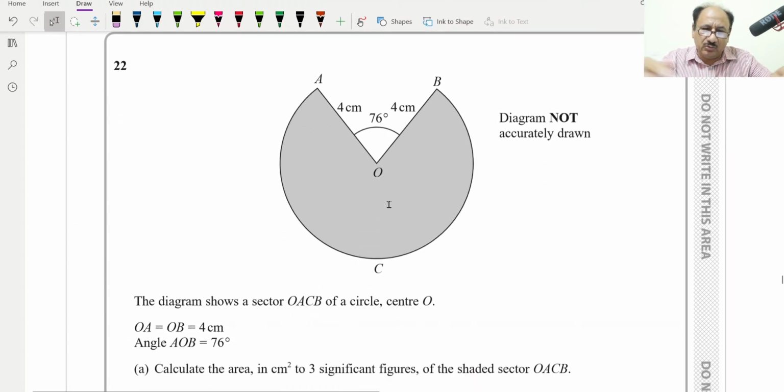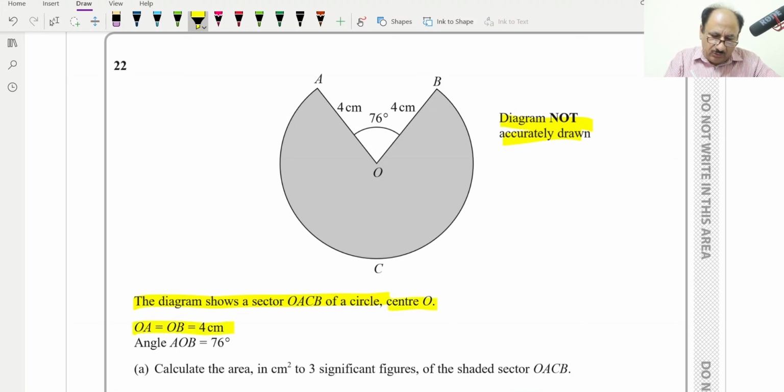Question 22 is also a drawing which is not accurately drawn, and the diagram shows a sector OACB of the circle, center O. OA and OB are equal to 4 centimeters. Angle AOB is 76.